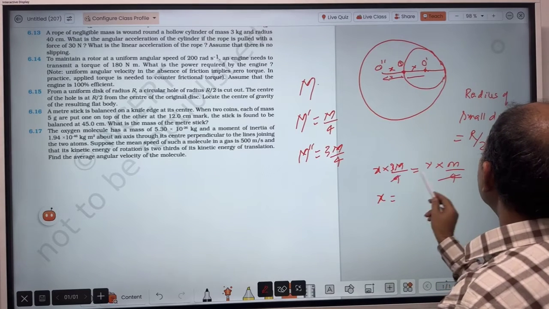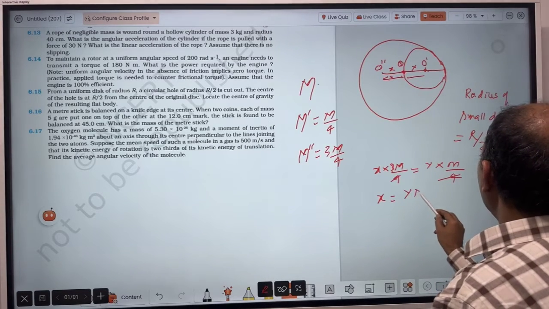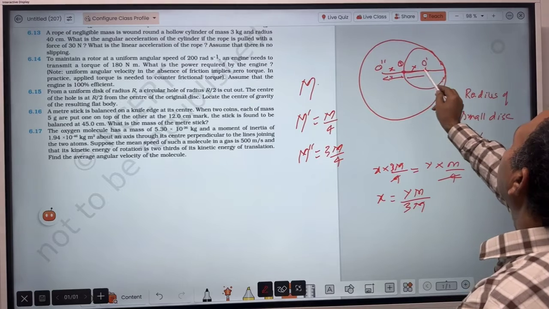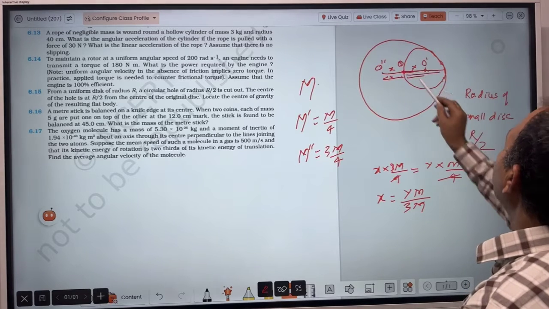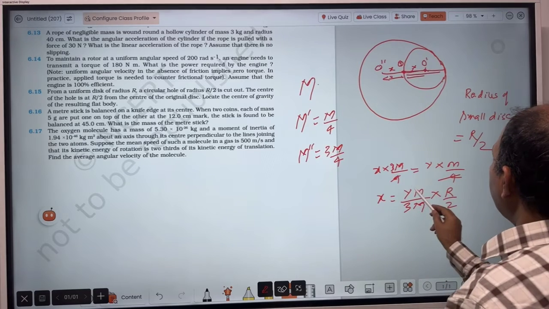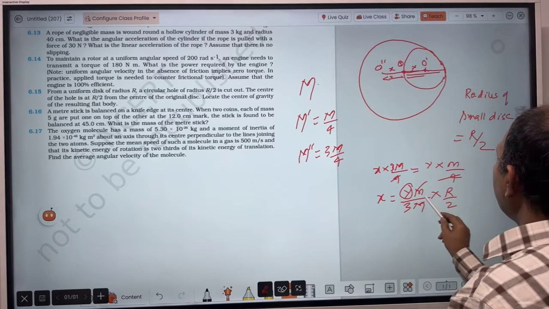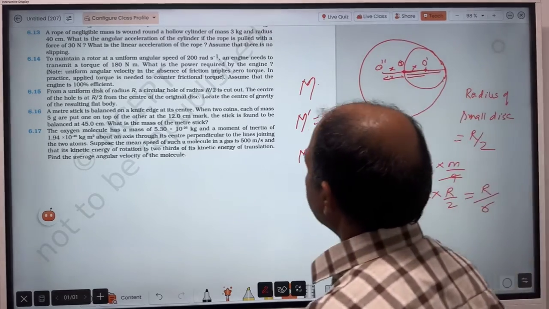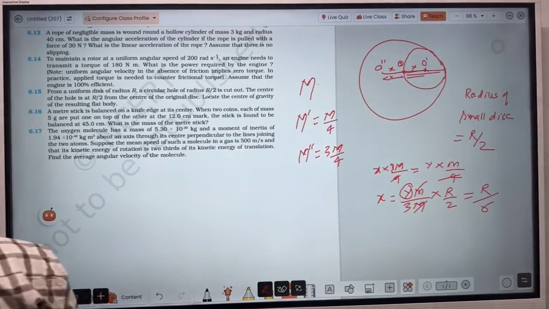So 4 cancels, y M divided by 3M. But what is y? Y is the distance up to here. So definitely if the total is R, this will be R by 2. So here we write R by 2 in place of y, and M gets cancelled. So we get R by 6. So that is the answer. The question is not tough.